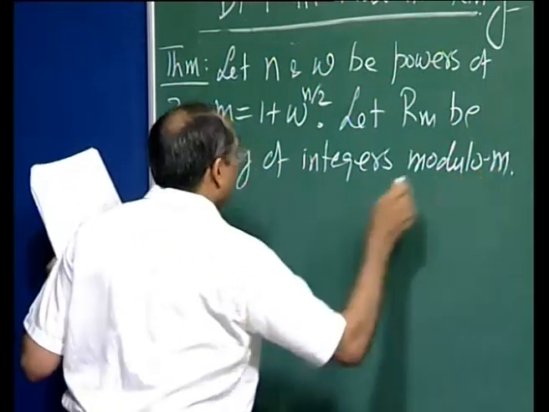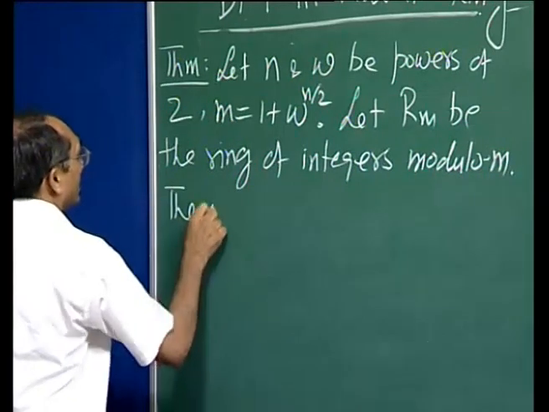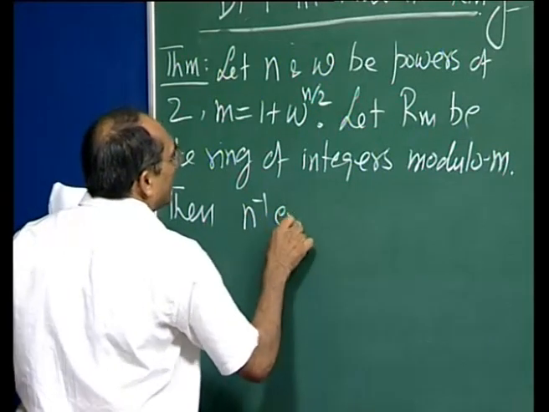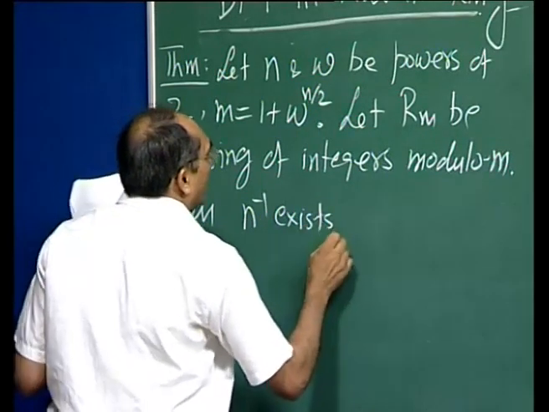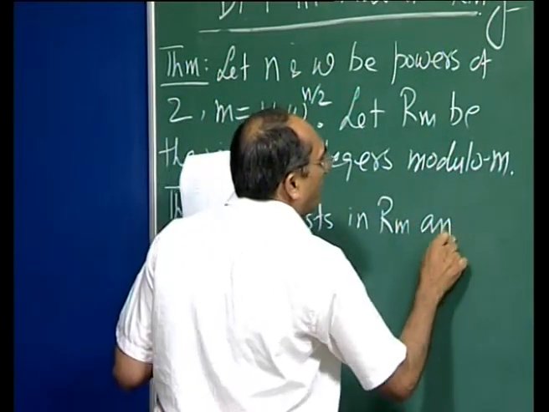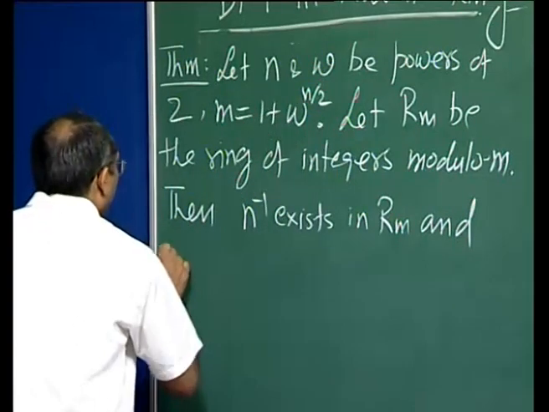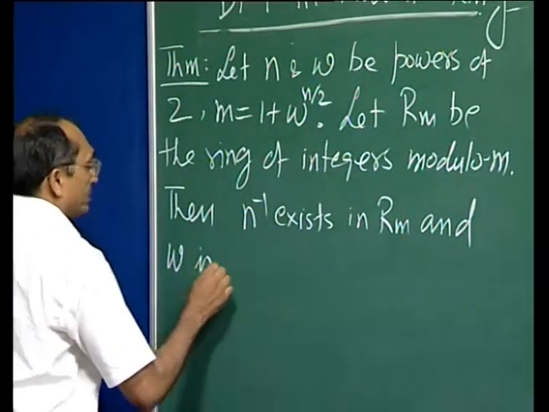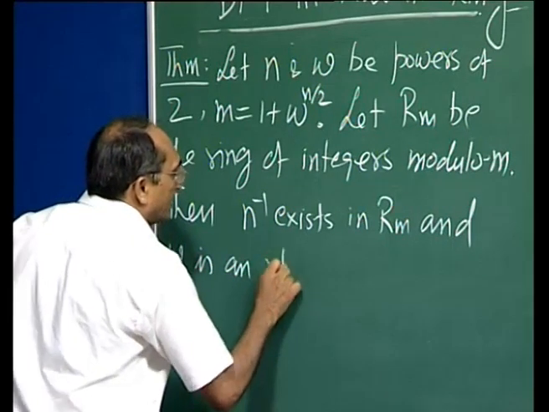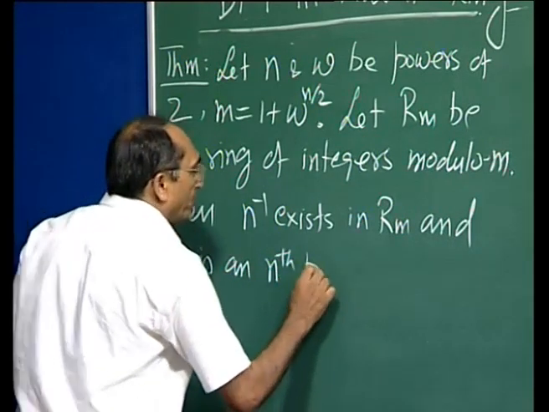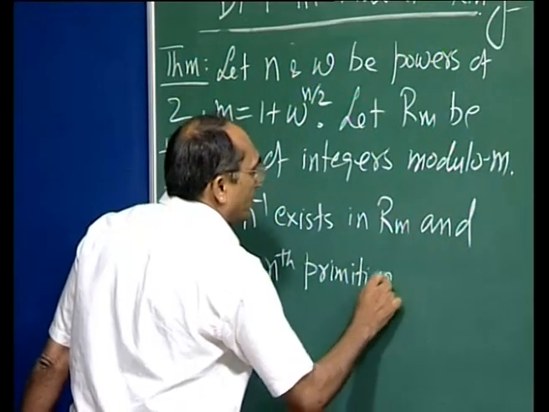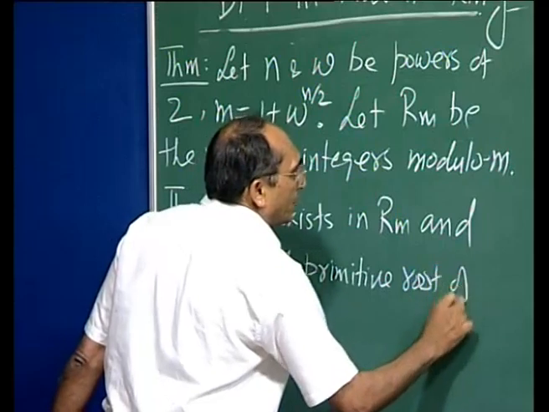Then n inverse exists in R_m and w is an nth primitive root of 1.